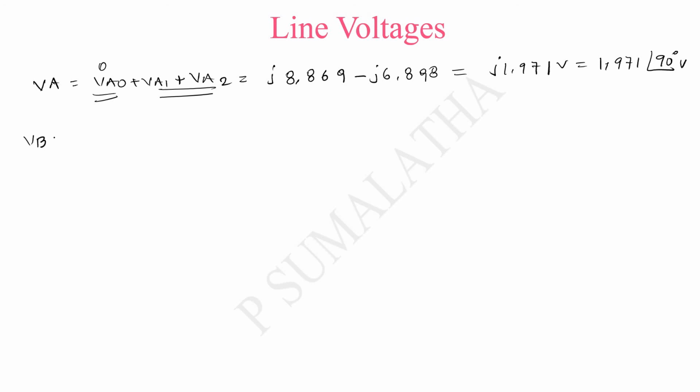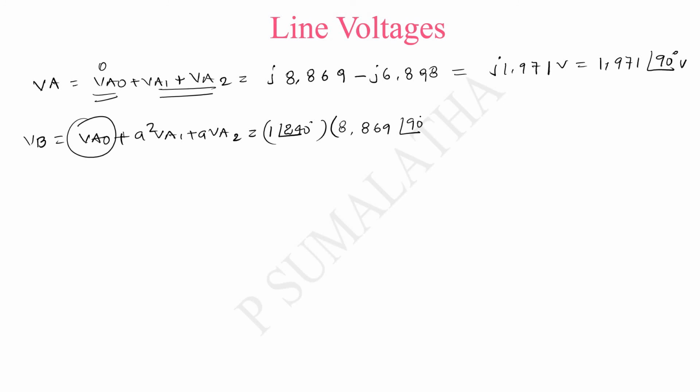Now coming to the phase B voltage, VB is equal to VA naught plus A square into VA1 plus A into VA2. Here also VA naught is 0. A square value is 1 at an angle 240 degrees into the VA1 value, that is 8869 at an angle 90 degrees, plus A value is 1 at an angle 120 degrees into the VA2 value, 6898 at an angle minus 90 degrees.